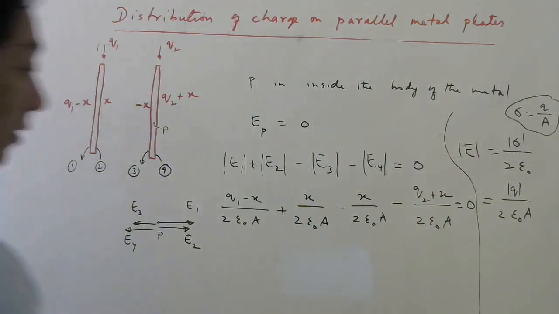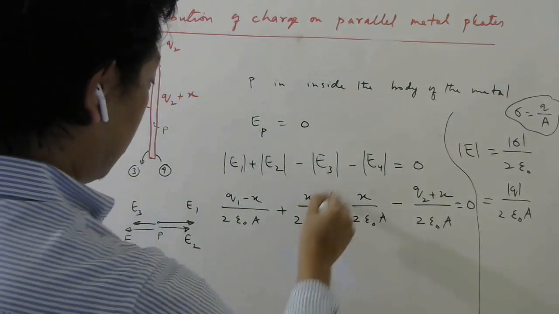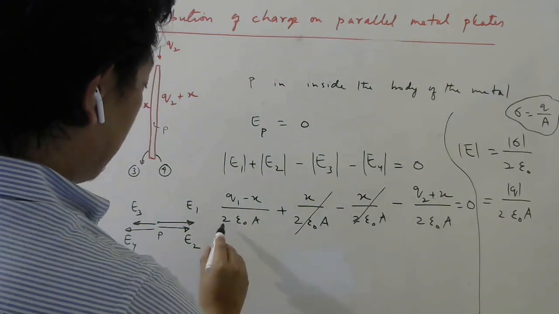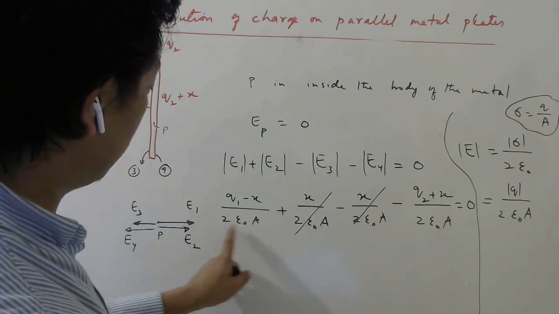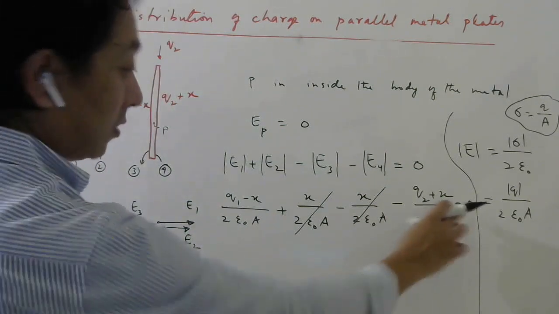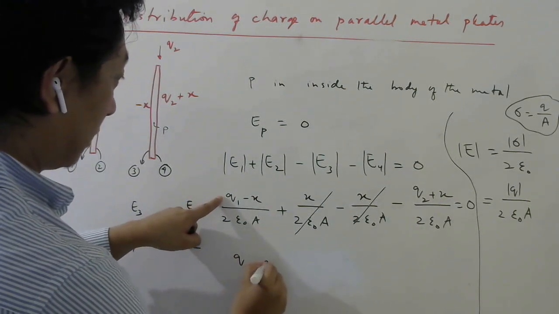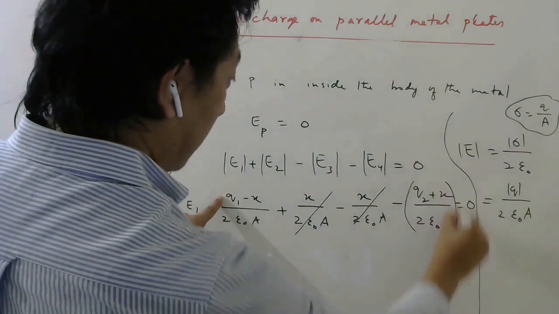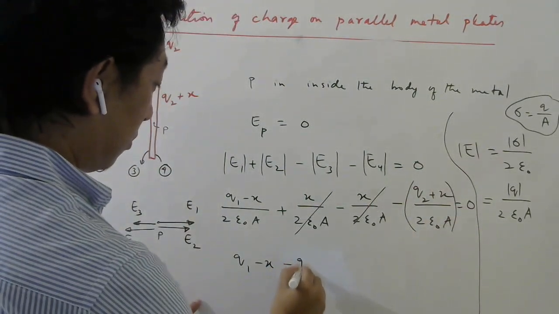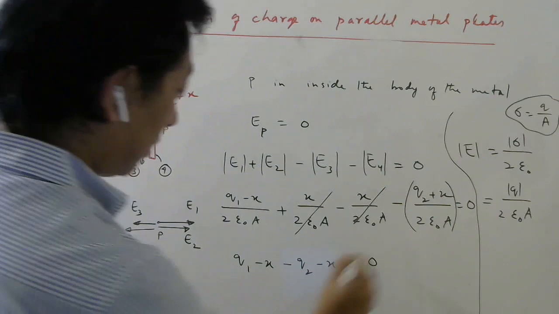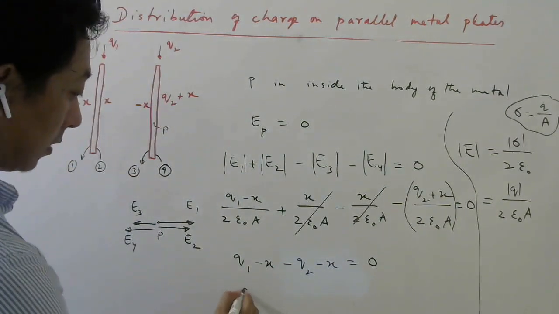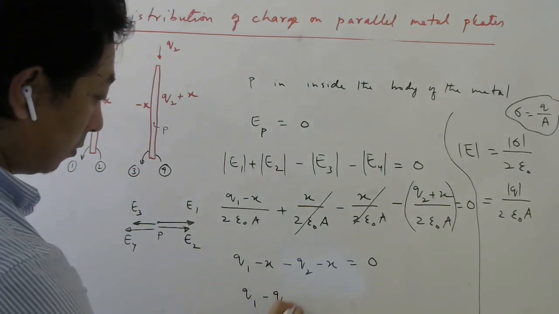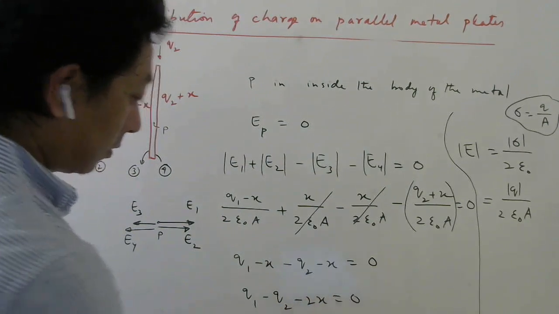So now you can see these two will cancel. Then you can multiply both the sides by 2 epsilon naught A. 0 is there now, so you will get here Q1 minus X. This minus sign is there, so it will be minus Q2 minus X equal to 0. So this will be Q1 minus Q2 minus 2X equal to 0.